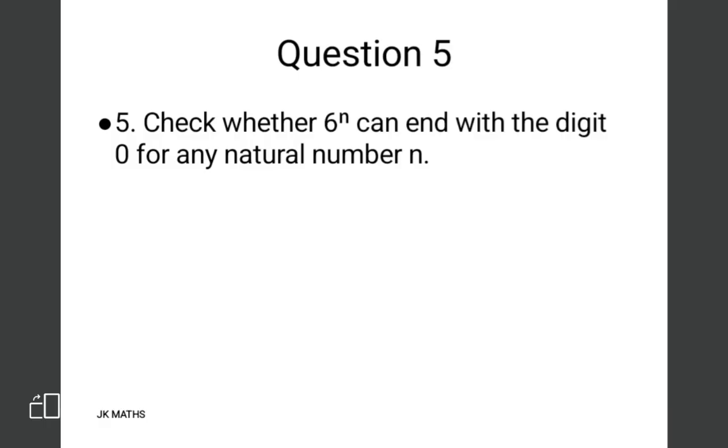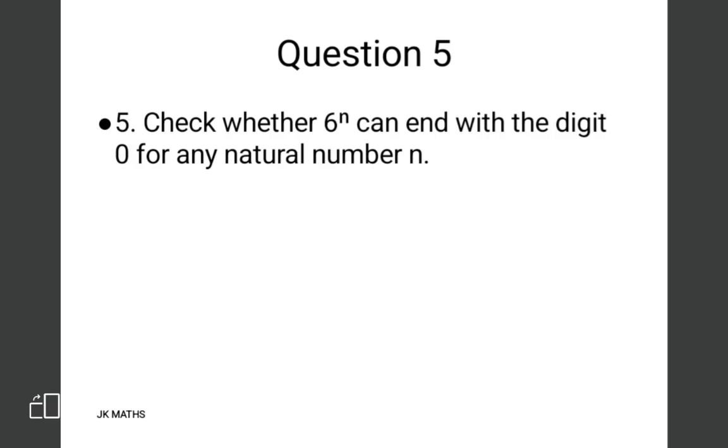So the answer will be: if the number 6 power n, for any natural number n, ends with 0, then it would be divisible by 5. That is, if a number ends with 0, it must be divisible by 5. For example, 10 square is 100, and we can divide it by 5: 5 20s are 100. So it is divisible by 5.